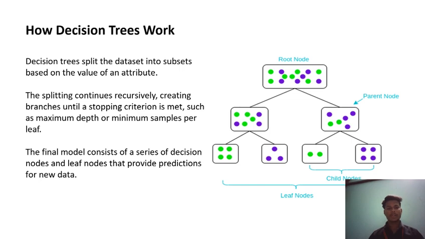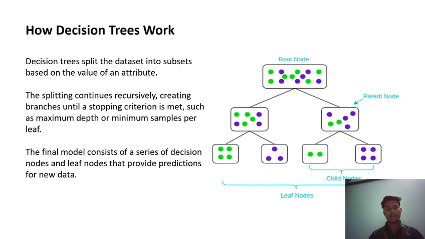The next slide is how decision trees work. A decision tree is a diagram that uses nodes and branches to help you reach a logical solution by analyzing uncertain outcomes. How does a decision tree work? It splits the dataset into subsets based on the value of an attribute.